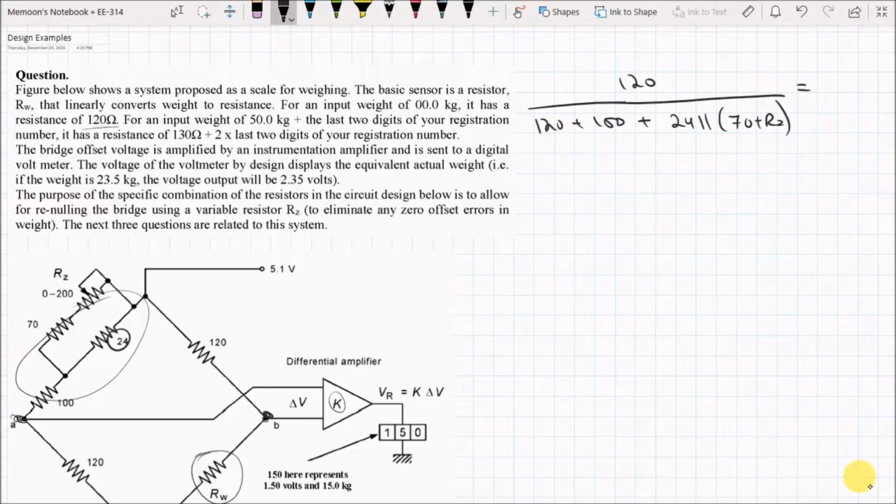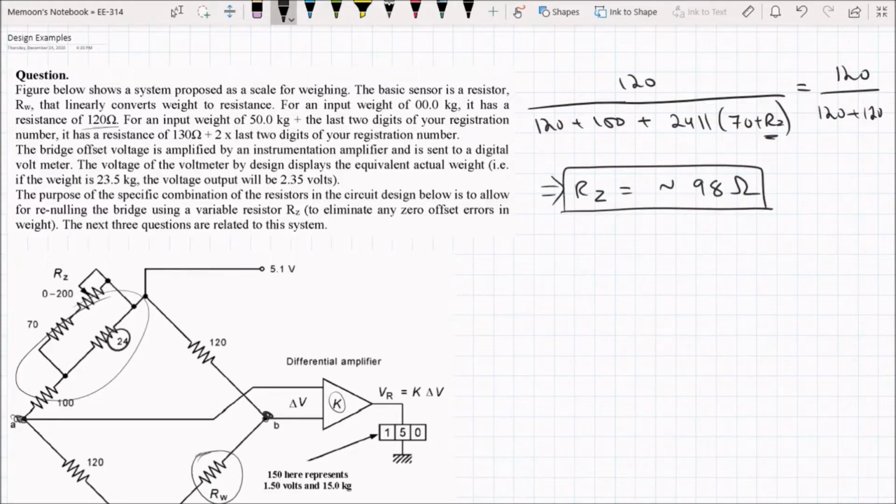So it is 120 over 120 plus 120, and multiplying by Vs on both sides, that would be cancelled, and that will give you this only unknown resistance Rz equal to approximately somewhere around 98 ohms.